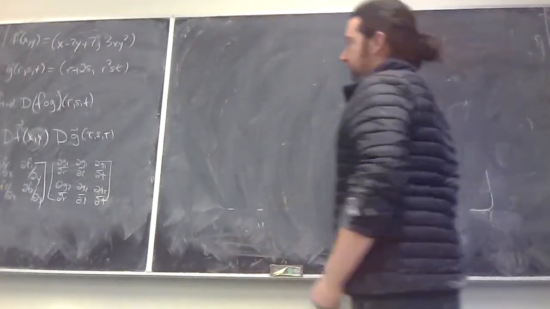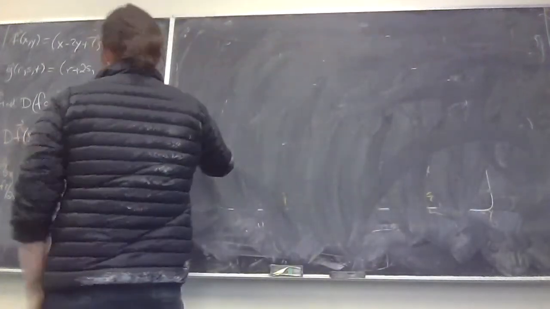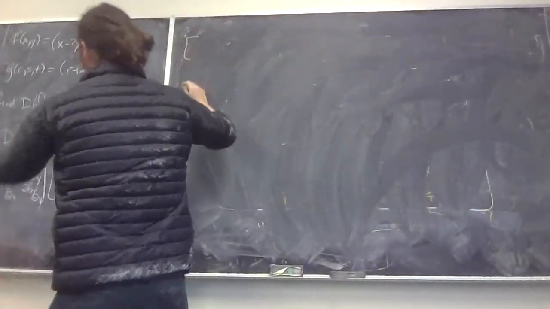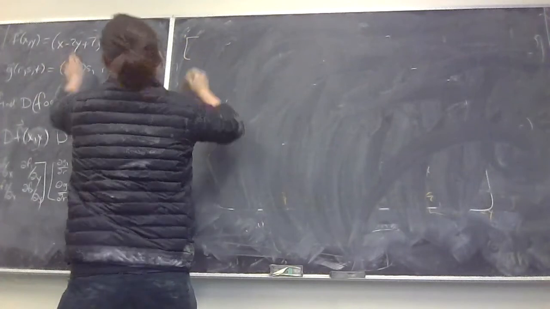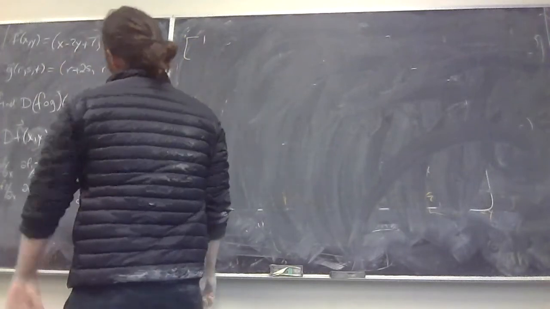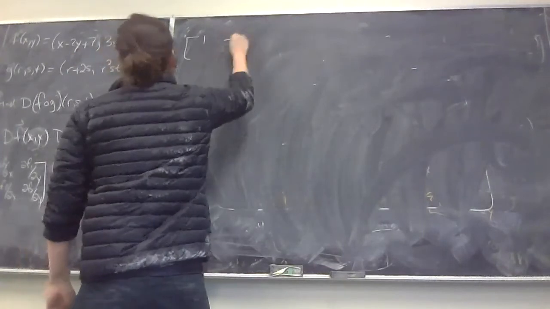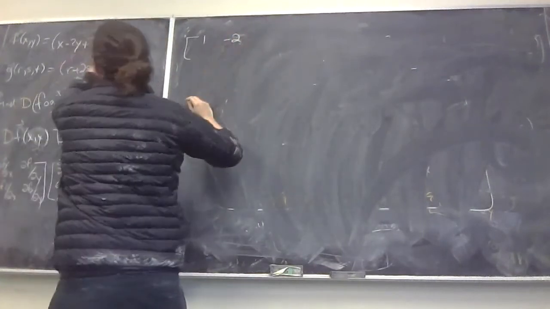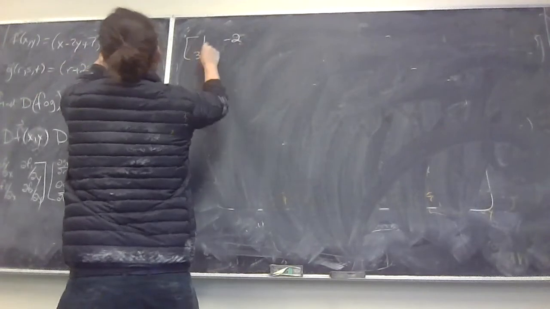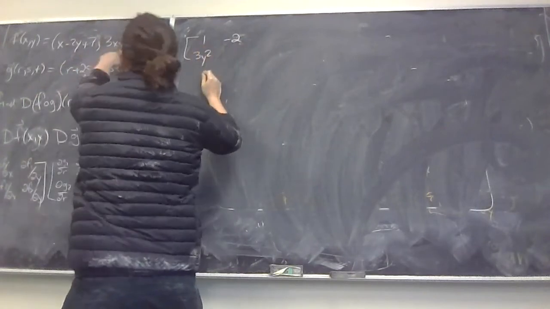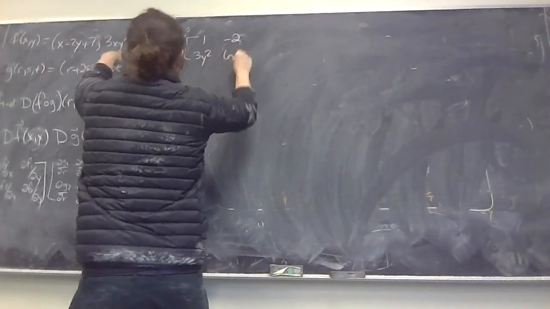So the derivative I'm after should be, what is that? df1/dx is 1. df1/dy is -2. df2/dx is 3y squared, and df2/dy is 6xy.